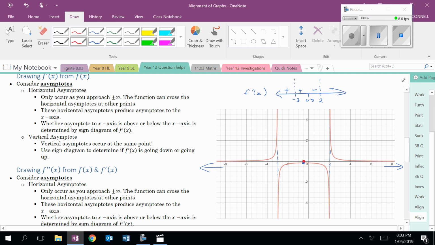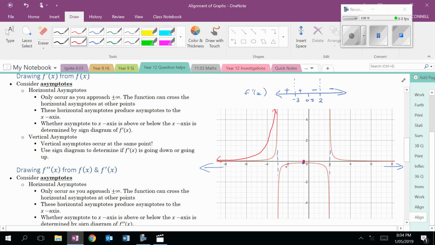Now, vertical asymptotes are going to occur at the same point, and again we use a sign diagram to determine if it's going down or going up. So here, my derivative is positive, so it's going to be going up at my vertical asymptote, and it's going to be asymptoting to 0 from above. So it's going to look very much like the original function, something like that, because in this region the derivative is positive.